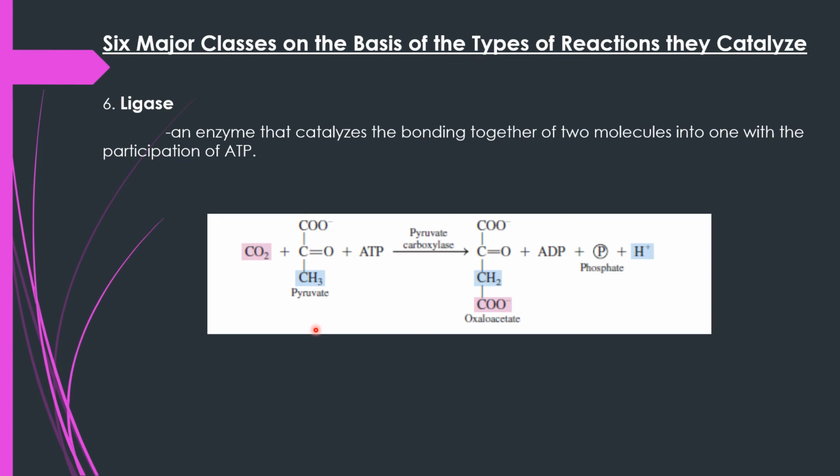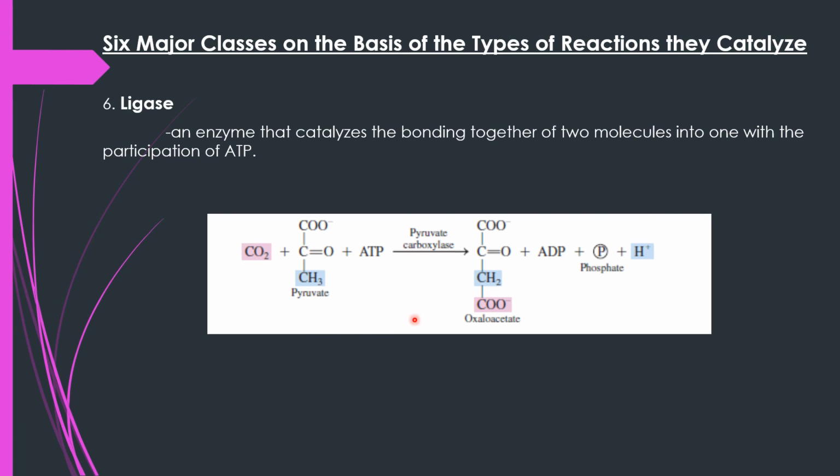Our two reactants in this reaction are the pyruvate and the ATP. This reaction is catalyzed by the enzyme pyruvate carboxylase. A ligase bonds together two molecules, so we have the pyruvate and the carbon dioxide.